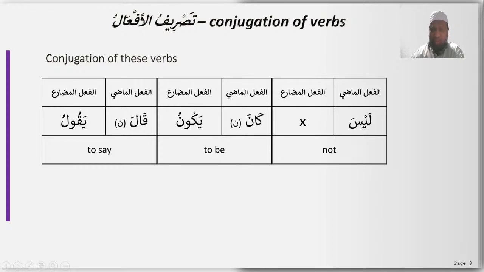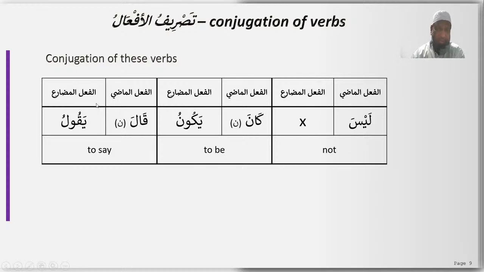If it's ليس, اسم ليس, if it's كان, اسم كان, and the خبر becomes خبر ليس or خبر كان. The قال يقول is a normal fi'l. This will be جملة فعلية. قال يقول.